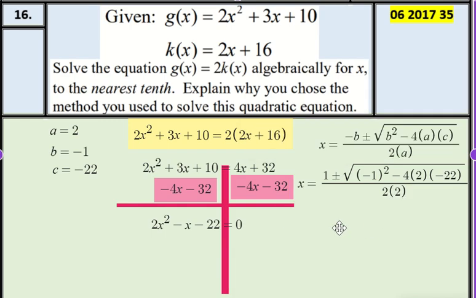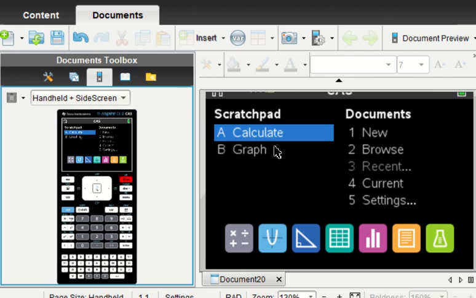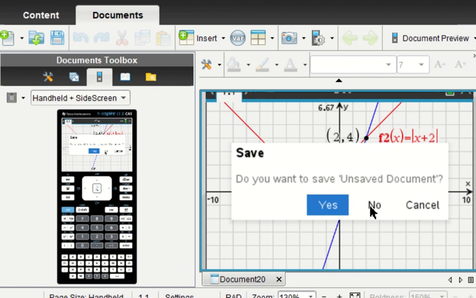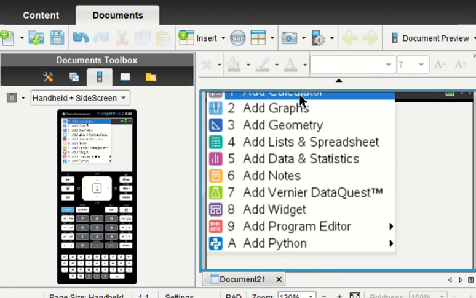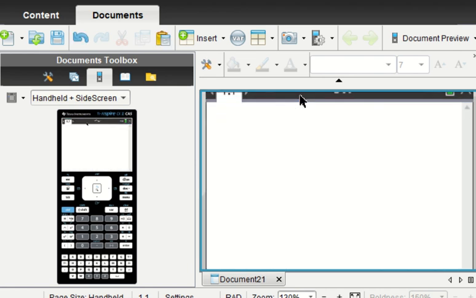Now, the upside of this is we don't have to just calculate the discriminant. We're going to put this entire thing in the calculator because they're having us round to the nearest tenth anyway. So from my calculator page, home screen, new doc, and add a calculator page. Now, I'm not going to type x equals.